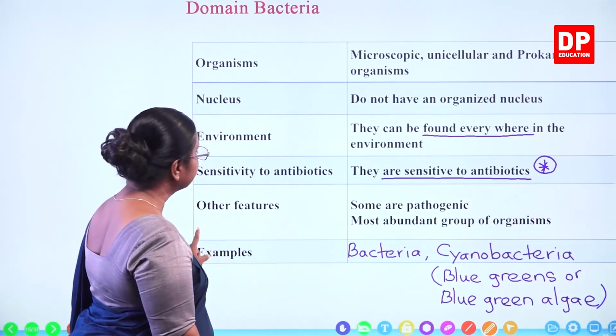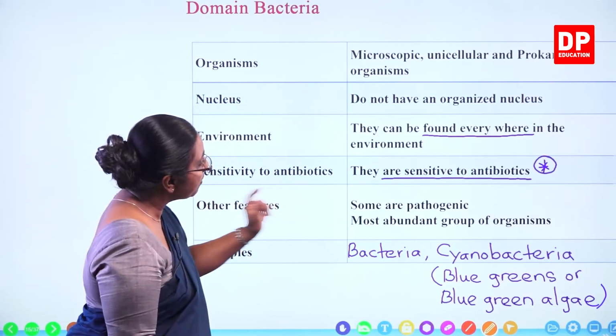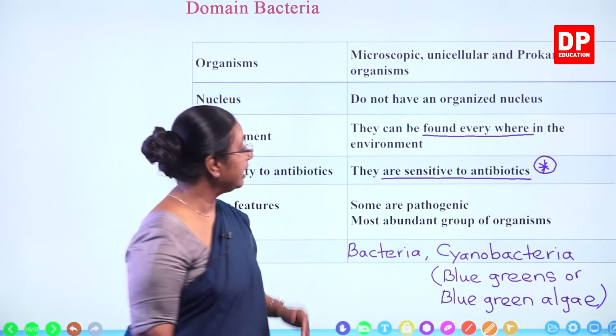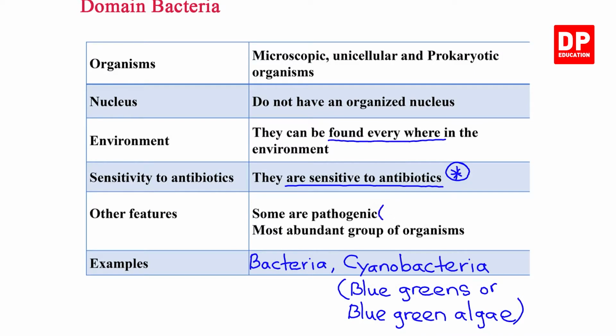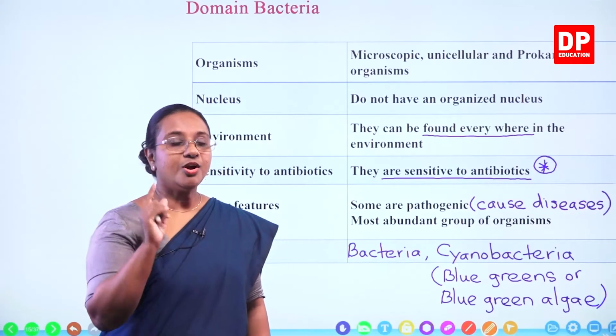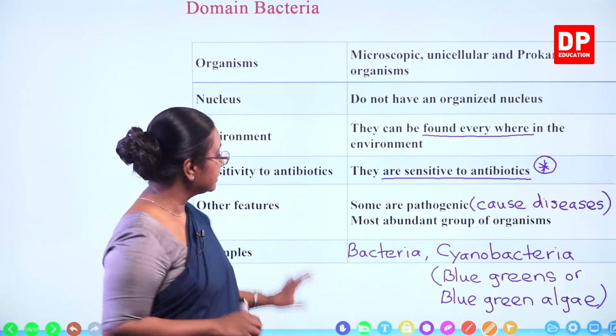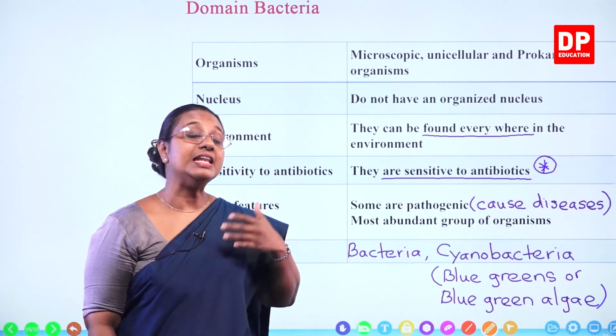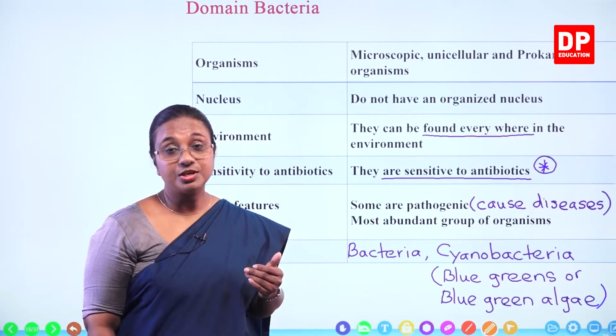Then if we look at the other features. Now some of these are pathogenic. What is the meaning of pathogenic? They cause diseases. You all can remember different diseases caused by bacteria. So they live in the host cell and they cause diseases to the host.